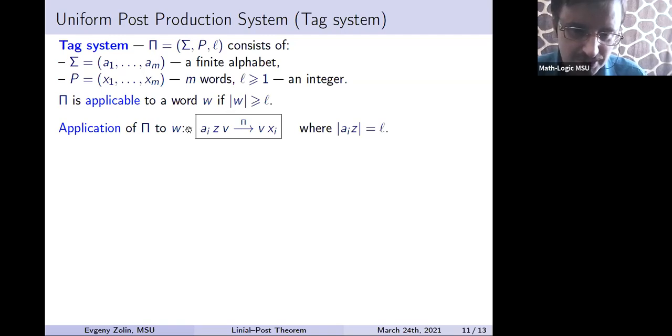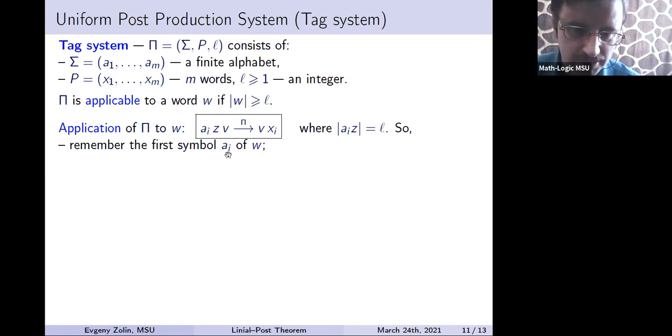We simply delete this prefix AIZ and then put the word XI to the end. So we first look at our word W and remember its first symbol. What is the first symbol of our word?